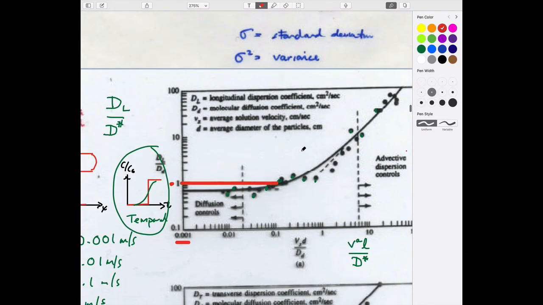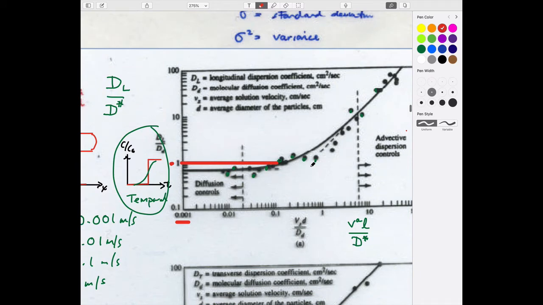And so at higher velocities, we get a trend, which if I draw the line through it, should be a line at 45 degrees. So in other words, this goes 1 log cycle over and 1 log cycle up. So it's 1 to 1.